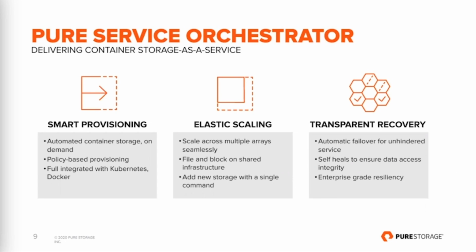So if you're the consumer or the platform team or DevOps team, whoever is actually using Kubernetes to deploy applications, you're not tracking or having to decide where the volumes need to go. We are actually calling the REST API that's built into the FlashArray or the FlashBlade and deciding, based on performance, capacity, and the health of the array, where's the best place to put that volume.